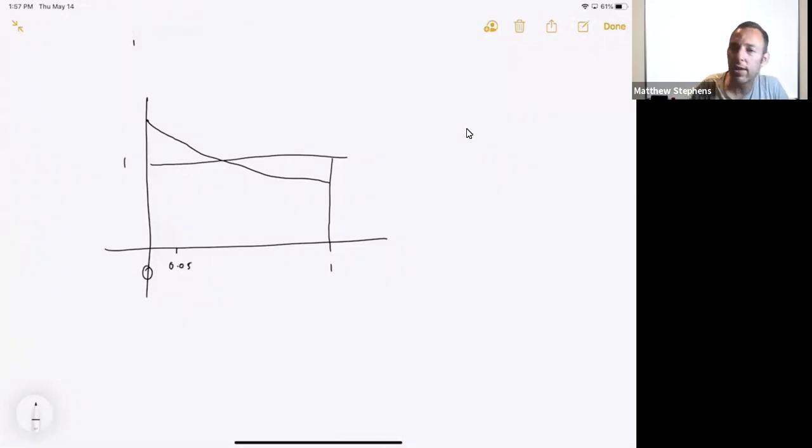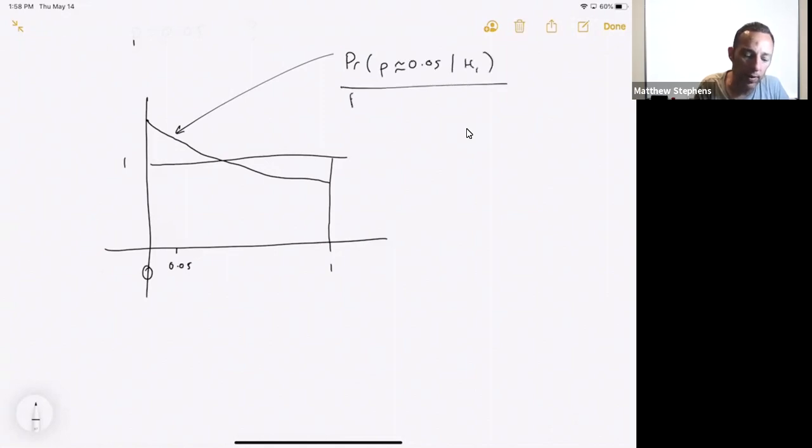And let's suppose we see a p-value of 0.05 or near 0.05. Then the evidence, the Bayes factor that corresponds to that p-value, is simply the probability of that p under h1 divided by the probability that p is 0.05 under h0.